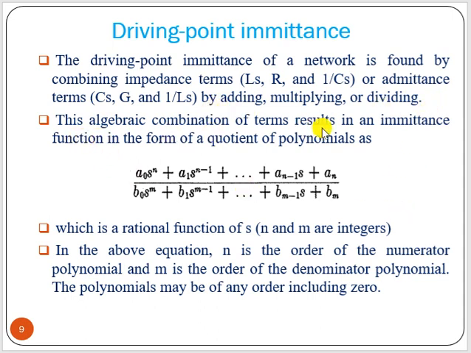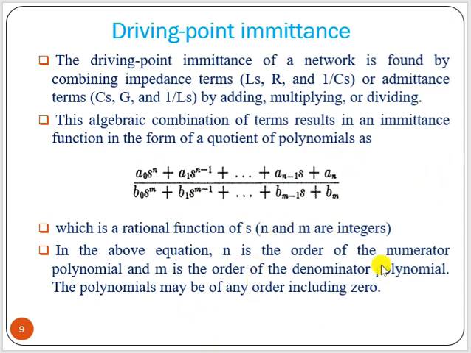Now, this algebraic combination of terms results in an immittance function in the form of a quotient of polynomials such as a0 s^n plus a1 s^(n-1) up to an, over b0 s^m plus b1 s^(m-1) up to bm. Now, this is the rational function of s, where n and m are integers.